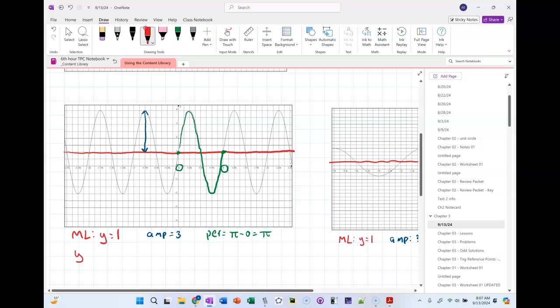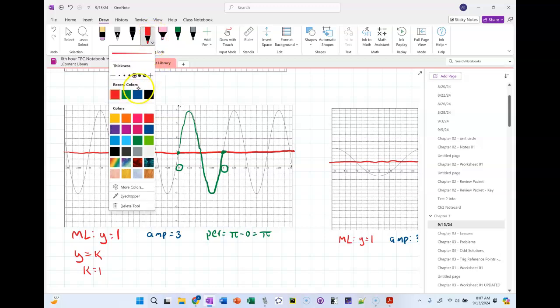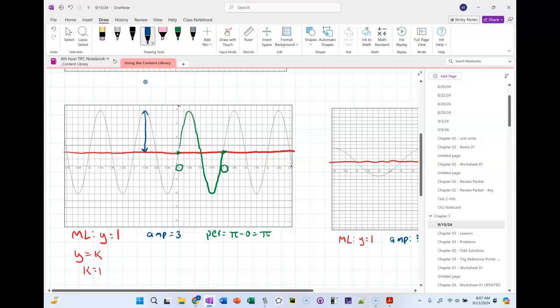Well, I know that y equals k, so k has to be 1. I know that the amplitude is the absolute value of a, so the absolute value of a is 3, so a has to be plus or minus 3.